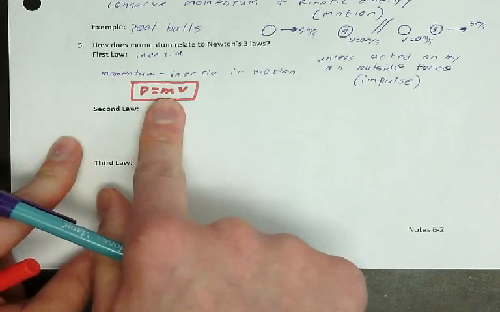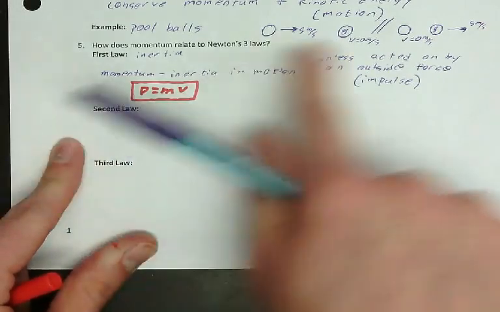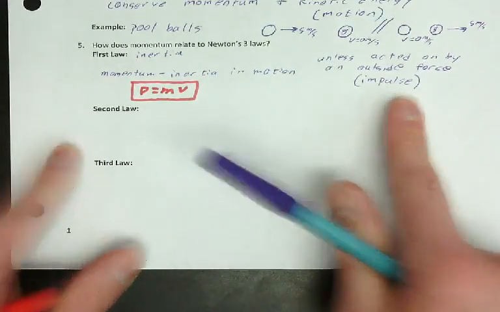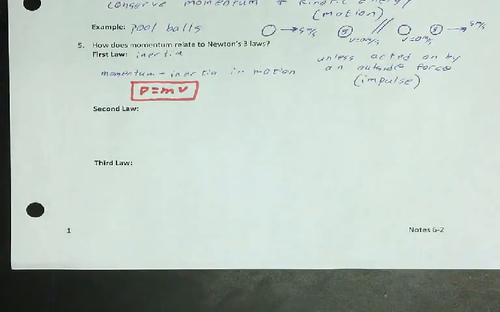Objects at rest, that would be a momentum of 0, remain at rest unless acted on by an outside force called impulse. So there you go. All things that we've talked about from this unit. So there's the first law, taken care of, zipped up, bow tied, all that good stuff. Okay? Oh, good. We're in good shape.